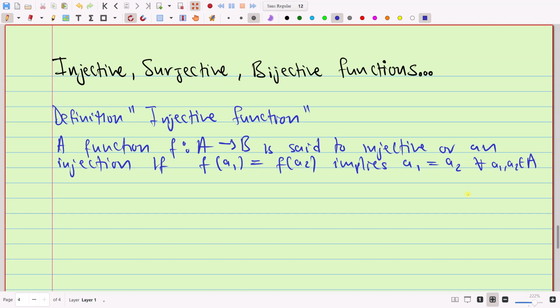That is, if you first suppose that f of A1 is equal to f of A2, then it leads to the implication that A1 is equal to A2 for all elements A1 and A2 which belong to A.